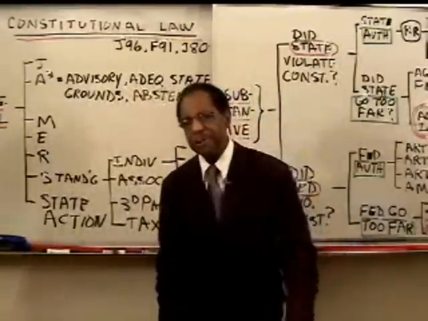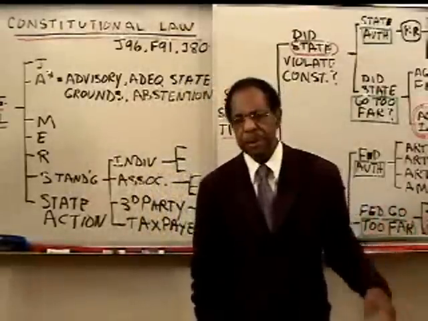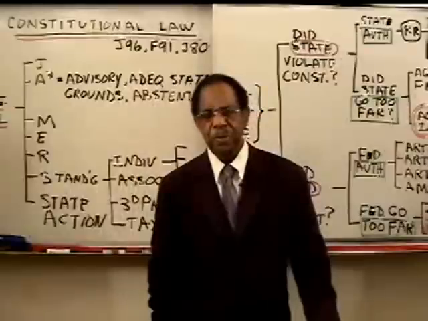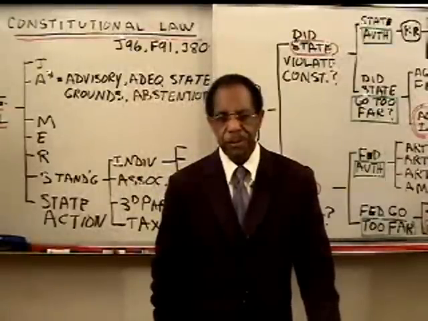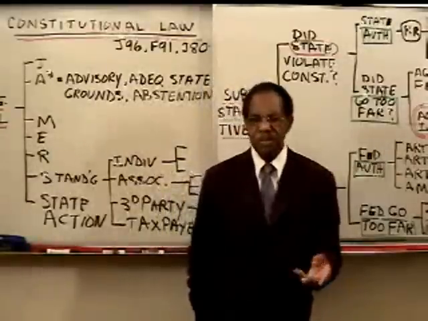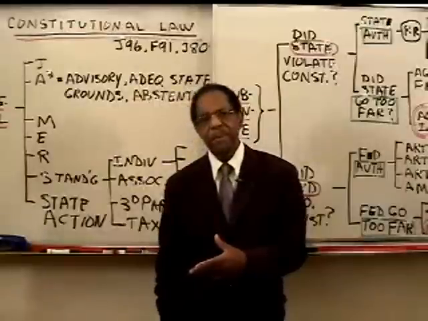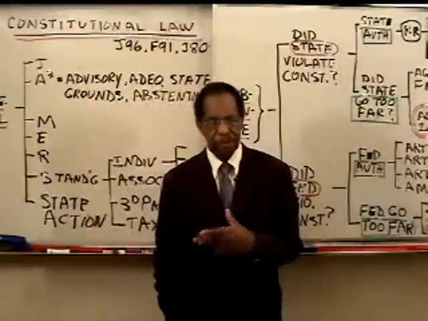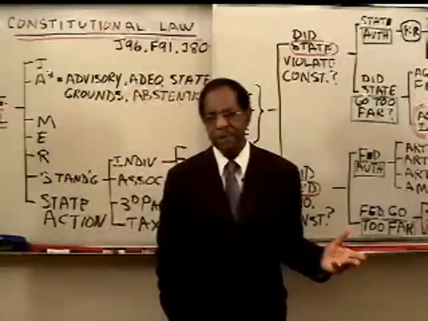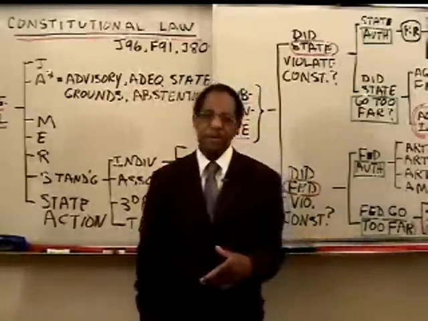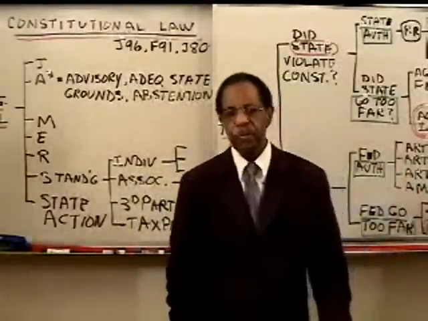If you're talking about the Sierra Club and they're suing about the wilderness and keeping it proper and so forth, well, the purpose of the Sierra Club is germane to that lawsuit. So the purpose of the association must be germane to the lawsuit. Secondly, at least one member of the association would have standing. Somebody in your association would have the standing. Some member of the Sierra Club would be injured by whatever the rule is.